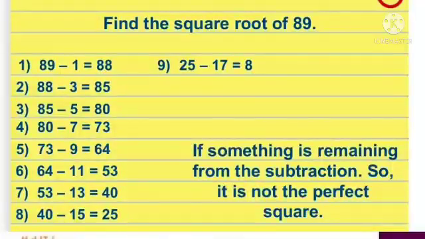Find the square root of 89. 89 minus 1 is equal to 88. 88 minus 3 is equal to 85. 85 minus 5 is equal to 80. 80 minus 7 is equal to 73. 73 minus 9 is equal to 64. 64 minus 11 is equal to 53. 53 minus 13 is equal to 40. 40 minus 15 is equal to 25. 25 minus 17 is equal to 8.